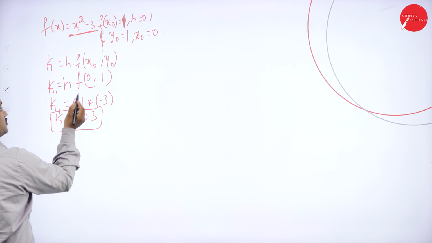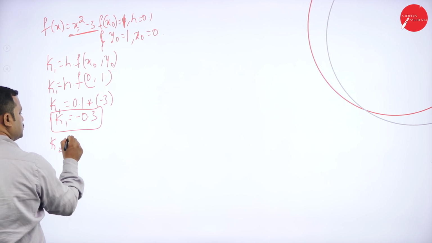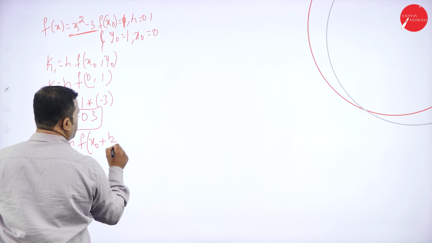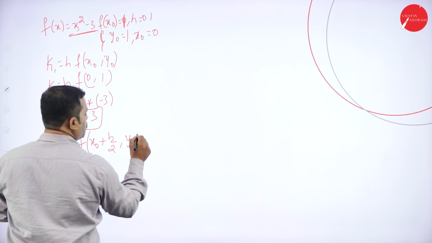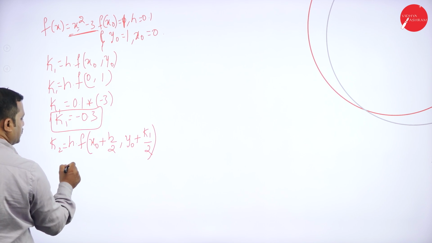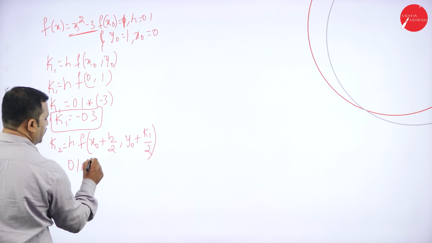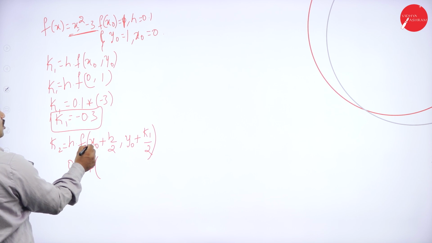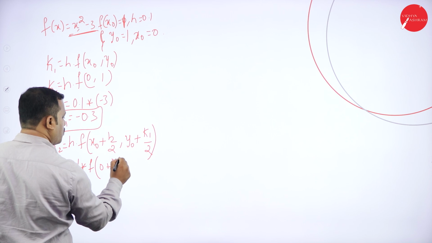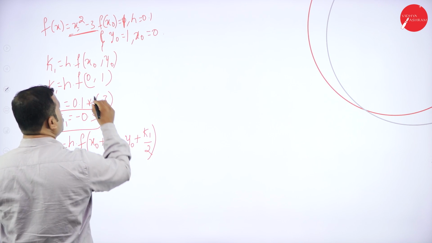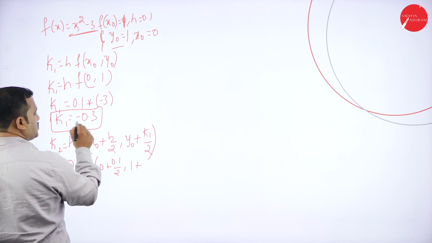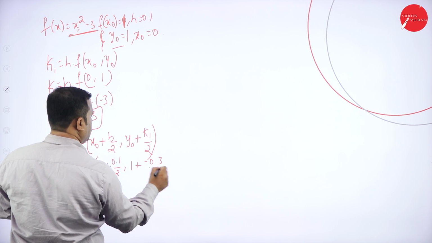If that is the case, what is the value of k2? k2 is equal to h into f of x0 plus h by 2 comma y0 plus k1 by 2. This is the formula. So h is 0.1 into f of x0, which is 0, plus h by 2, that is 0.1 by 2, comma y0, which is 1, plus k1, which is minus 0.3, divided by 2.